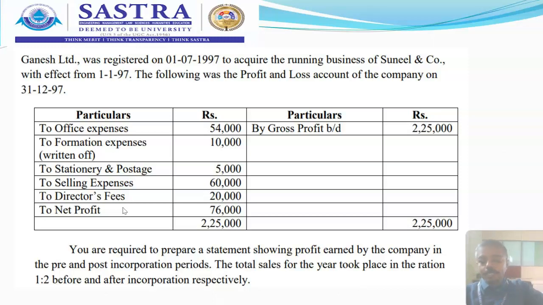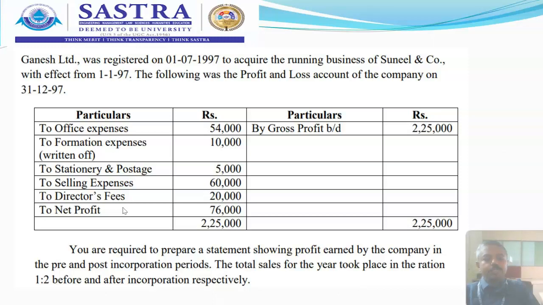If the sales increase, the selling expenses will also increase. If the sales are very low, then selling expenses become very low. So it is directly varying with respect to sales. Hence, the selling expenses have to be apportioned based on the sales ratio.